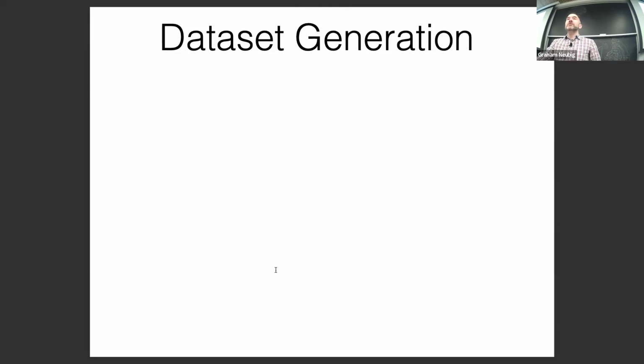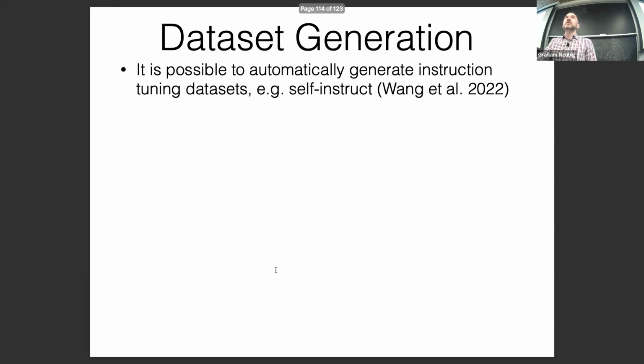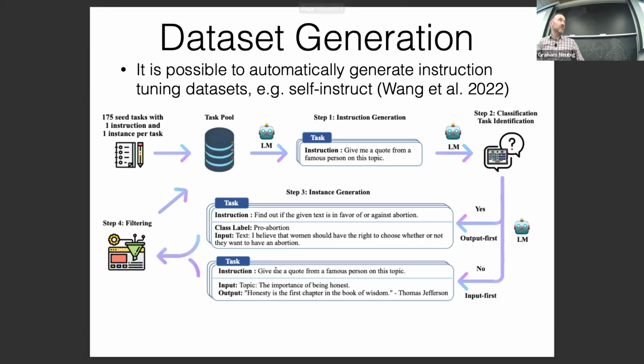The final thing I'd like to talk about a little bit, and then we're also going to talk about it a bit more in the distillation class, is dataset generation. So it's possible to automatically generate instruction tuning datasets. And the typical example of this is Self-Instruct. The way Self-Instruct works is you have a bunch of seed tasks that have one instruction and one instance per task.